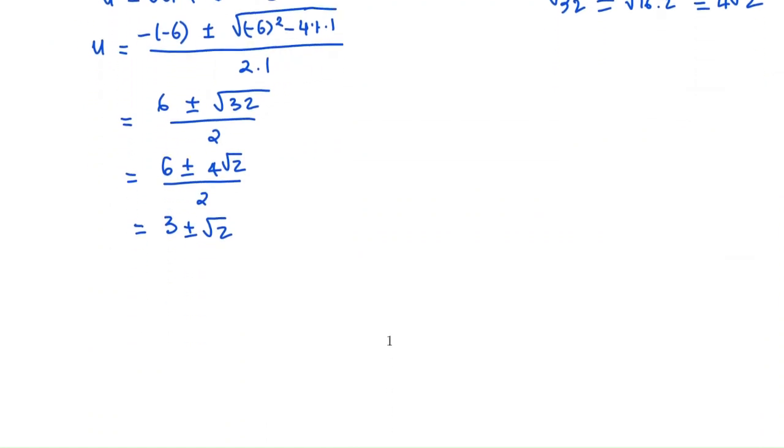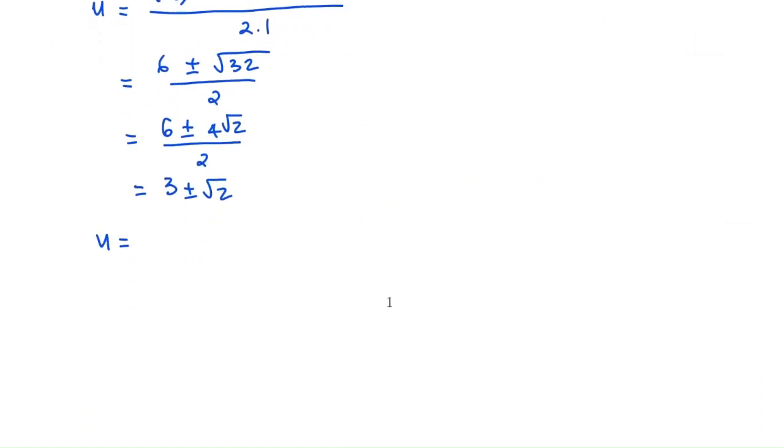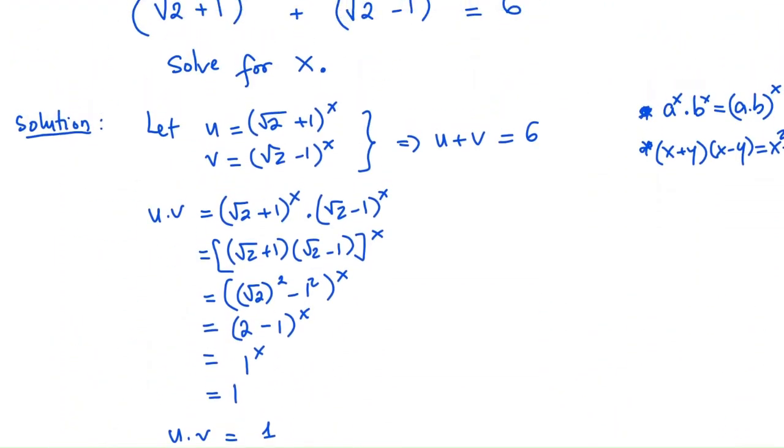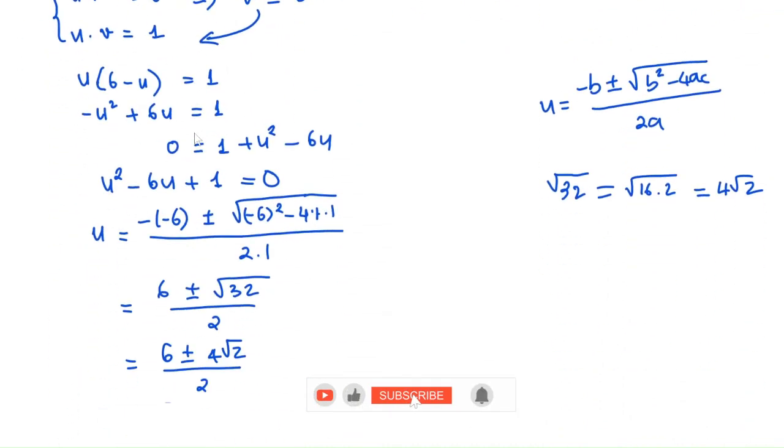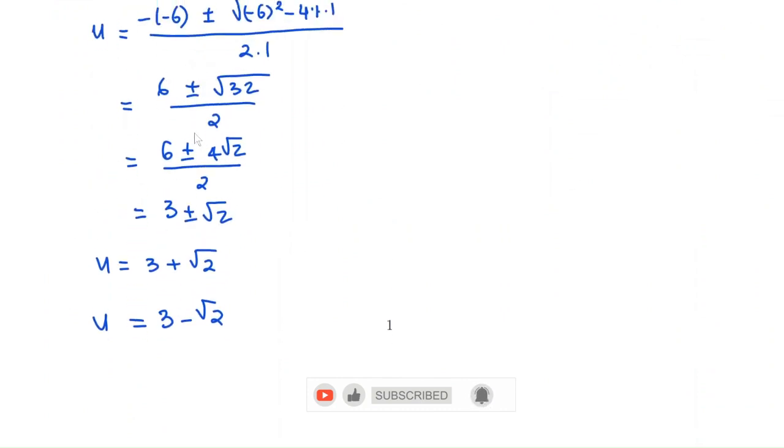Okay, now I'm going to put u equal to 3 plus 2 square root 2 and u equal to 3 minus 2 square root 2. Go back to what we had: u is (square root 2 plus 1) to the power x. For the first one, we would rewrite this as 2 plus 2 square root 2 plus 1, because 3 is 2 plus 1.